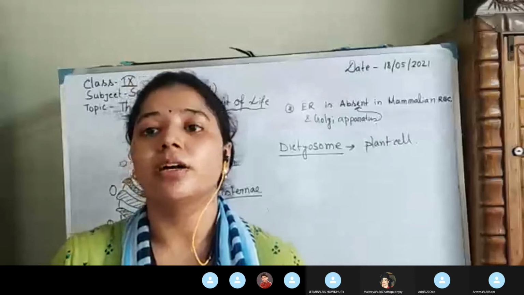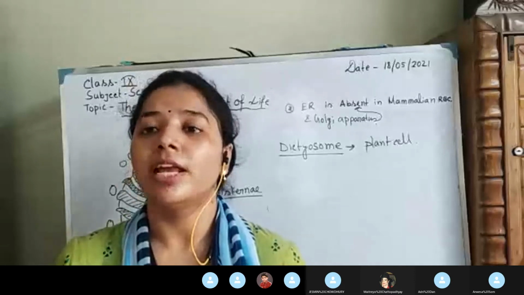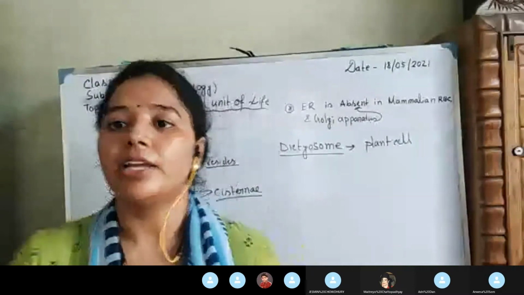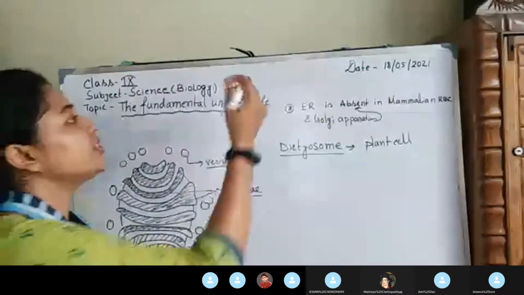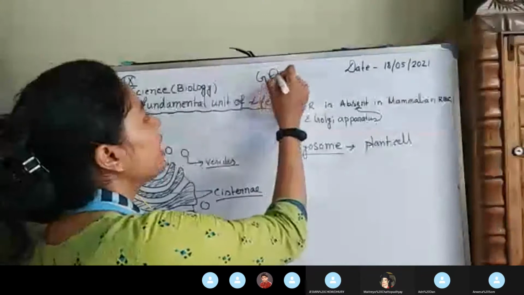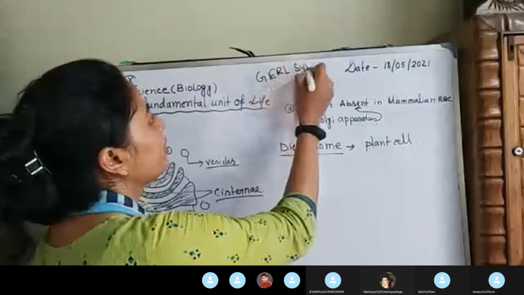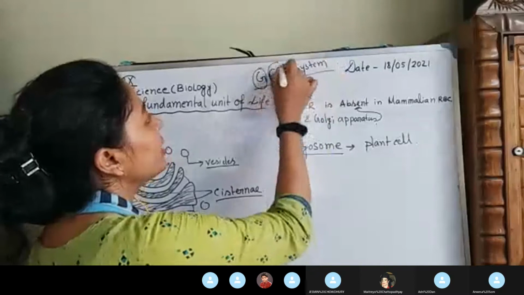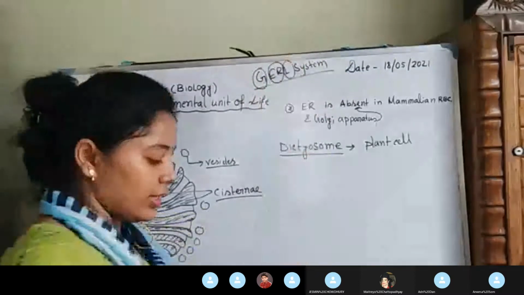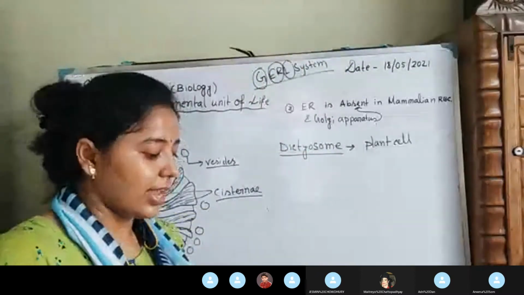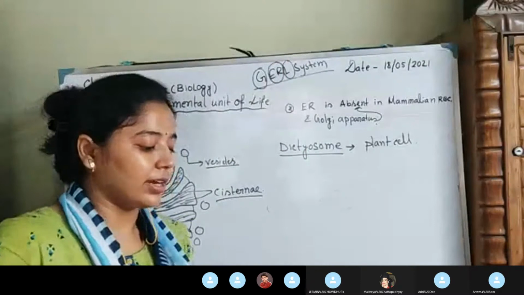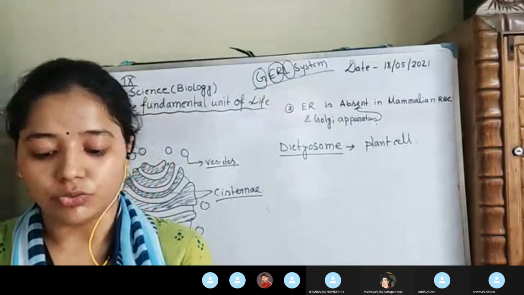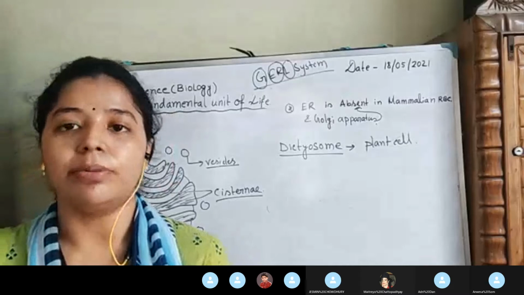It also develops a connection with lysosome. Then Golgi body, endoplasmic reticulum and lysosome make such a system, known as GERL system. In this system, their membranes develop connections to form a complex cellular membrane system.